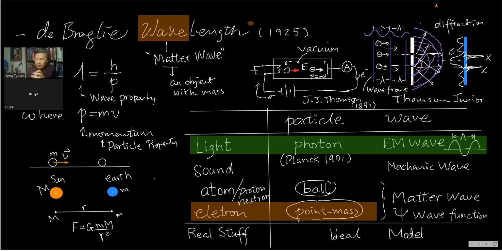But de Broglie thought, why don't we also, under certain circumstances, when the particle size is getting very small, use a wave model to describe matter, such as electrons? And he's right. This idea is so important that he got the Nobel Prize.